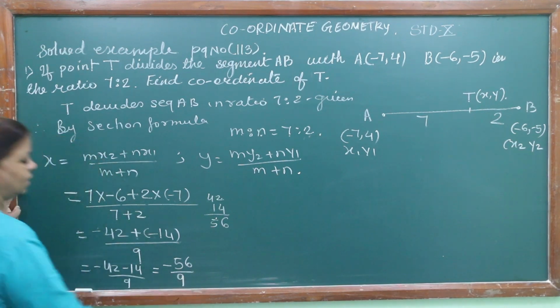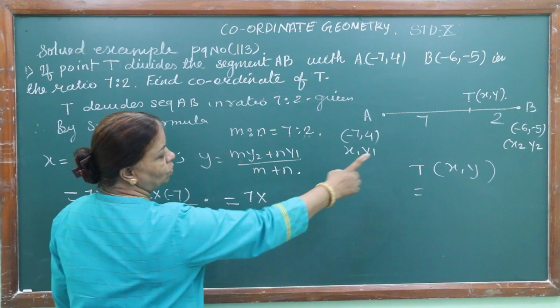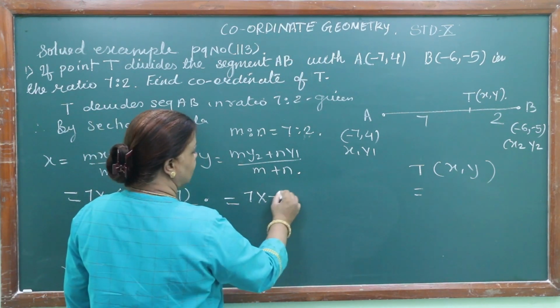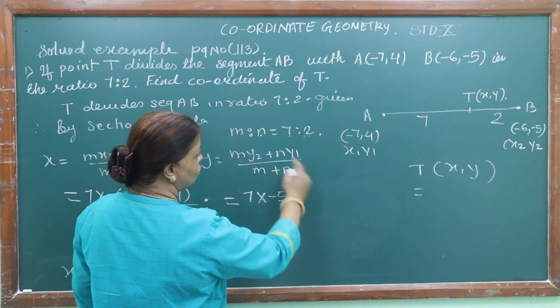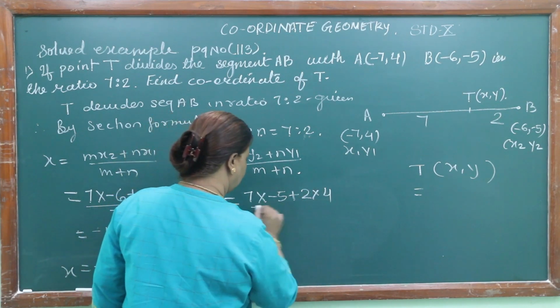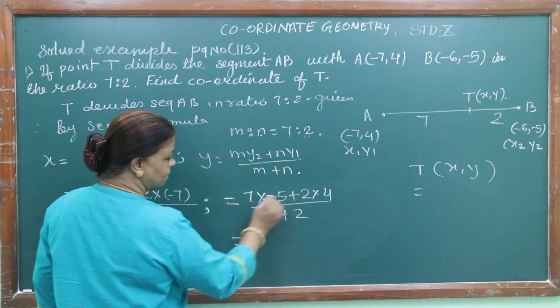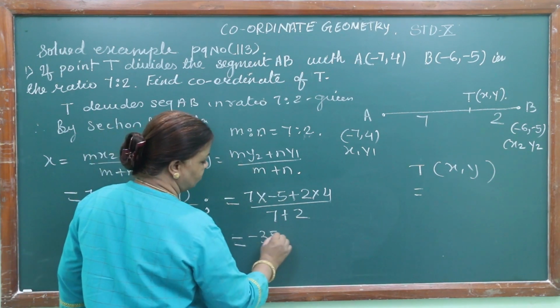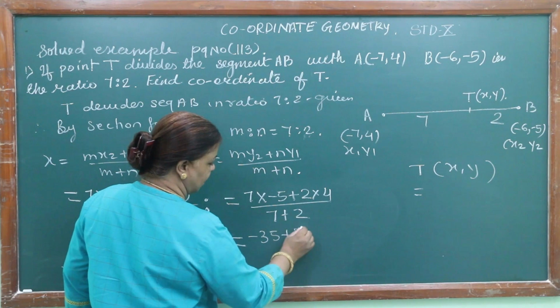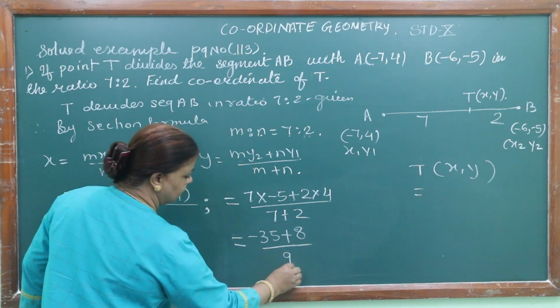For y, m is 7 into y2 is minus 5 plus n is 2 into y1 is 4 upon 7 plus 2. So what we are getting, 7 fives are minus 35 plus 2 fours are 8 upon 9.